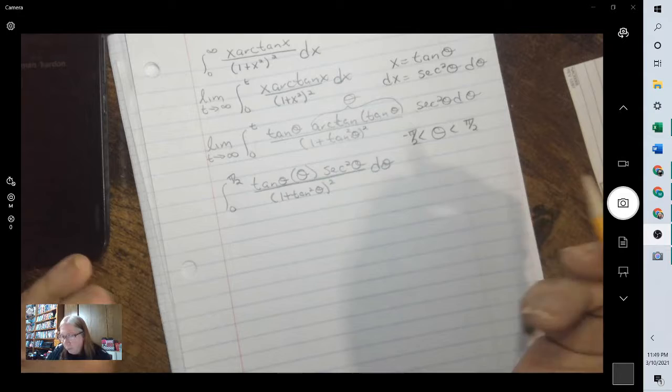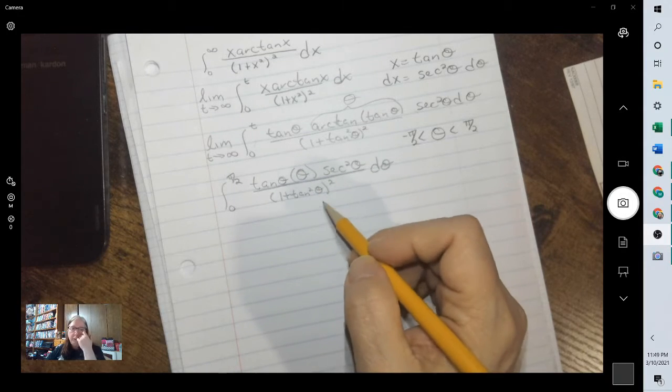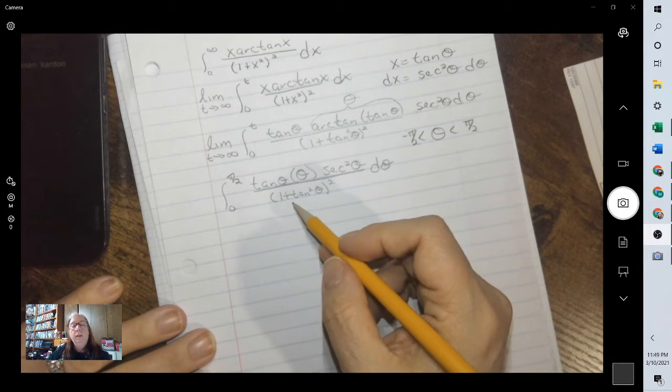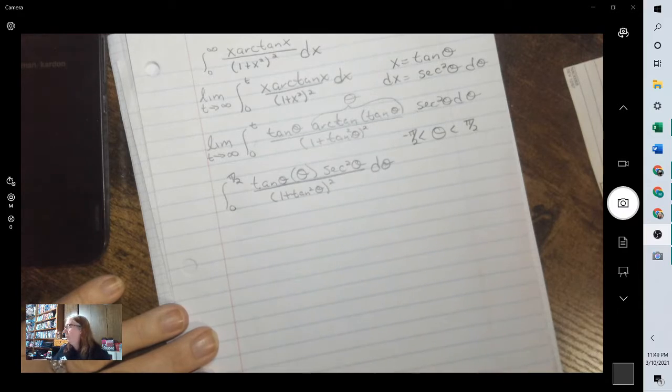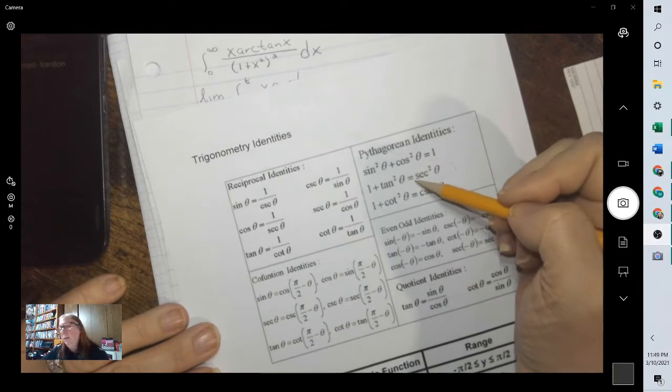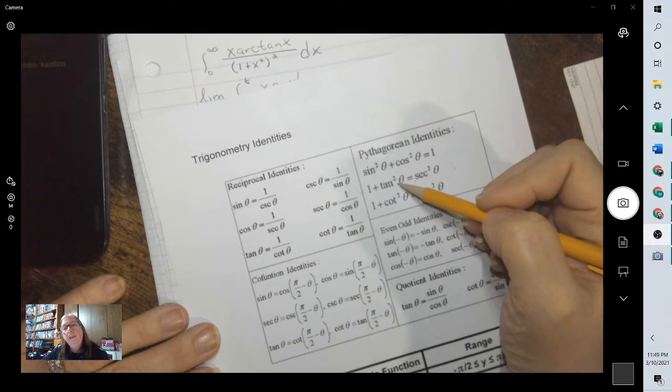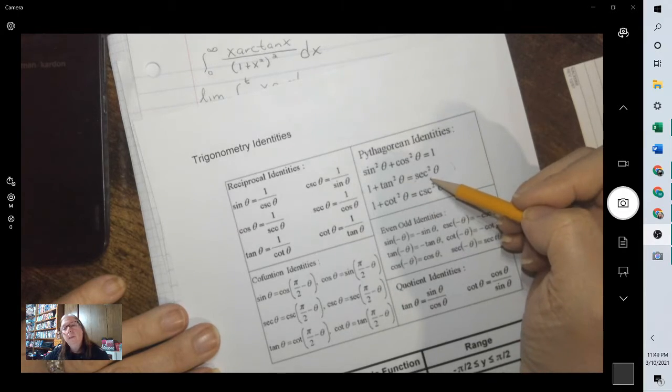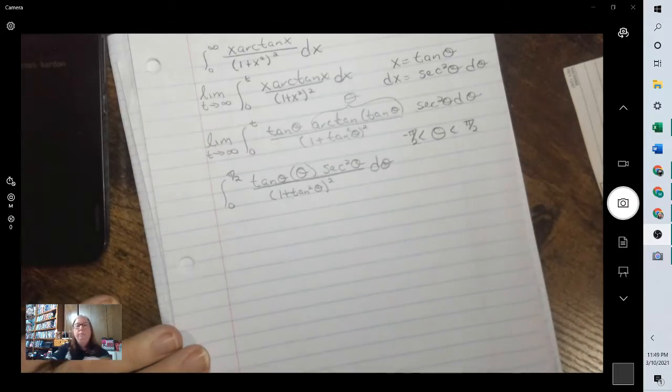We'll simplify some more. Can we get rid of 1 plus tangent squared? Yeah, you should remember, it's your Pythagorean identity. 1 plus tangent squared is secant squared. So we can rewrite that.